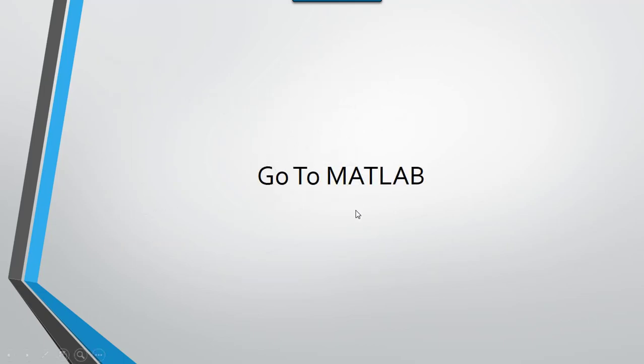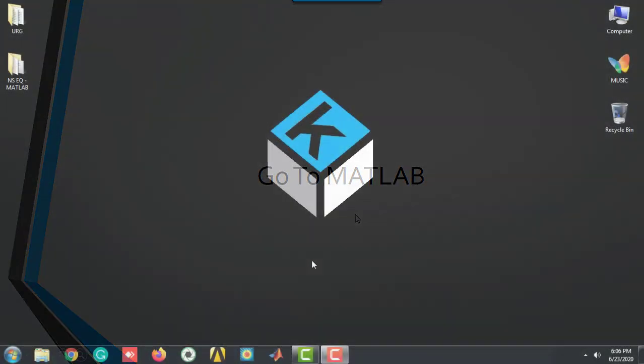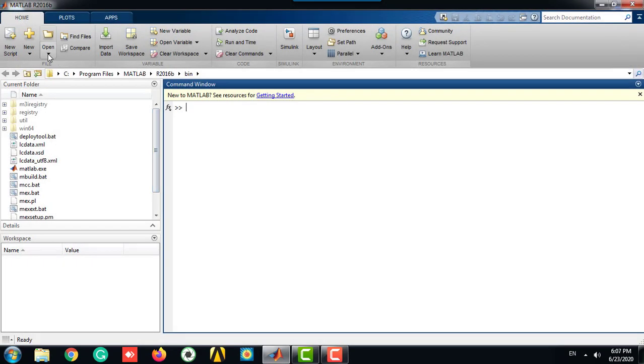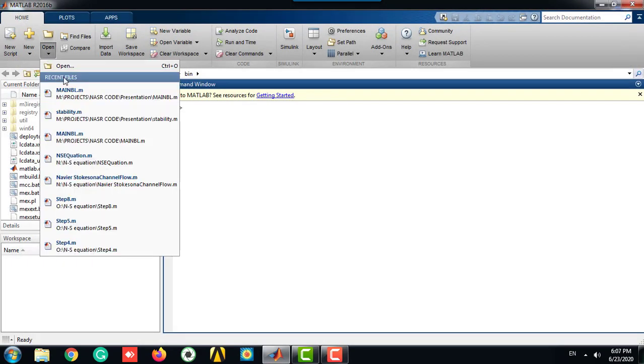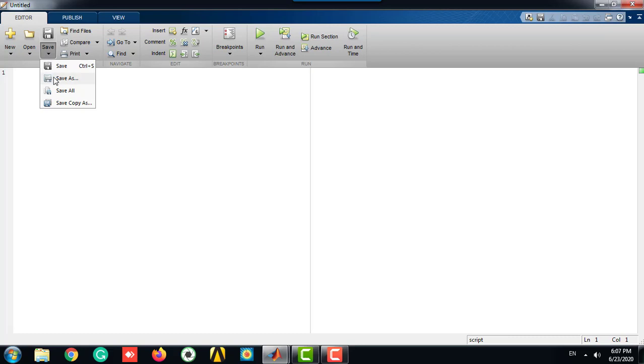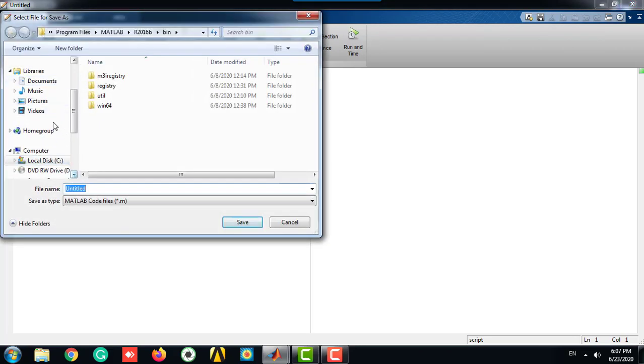Alright, now we are going to the Matlab code and we try to write the equations that we discretized earlier. For that we open a new script and save it as a new file.